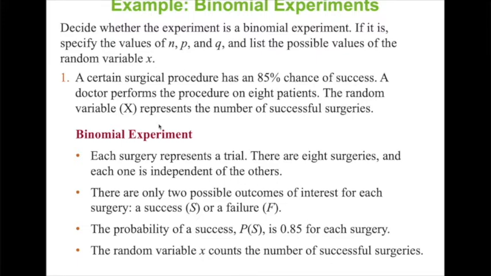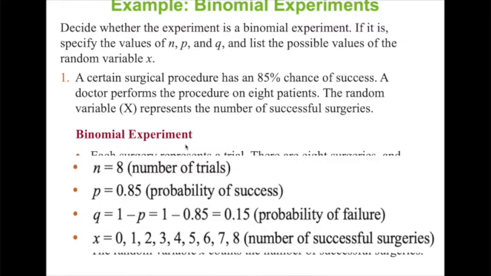Therefore, this is a binomial experiment, with n equal to 8 surgeries, or 8 trials. P is equal to 85% or 0.85, the probability of success. Q is equal to 1 minus P, 1 minus 0.85 is equal to 0.15.